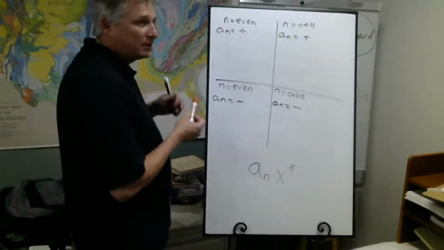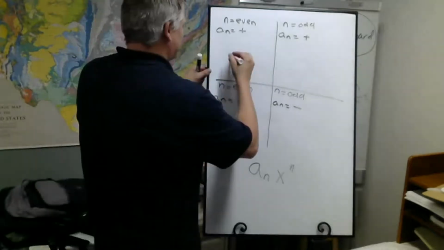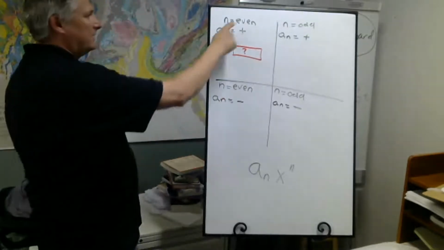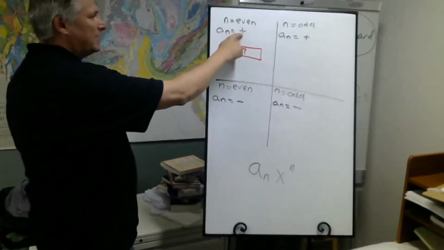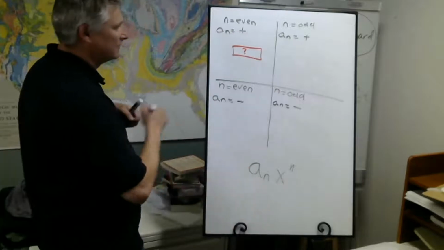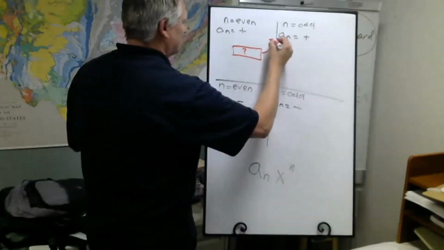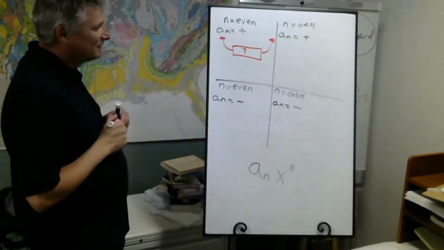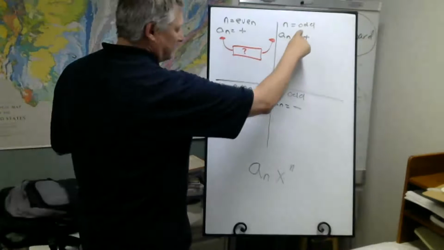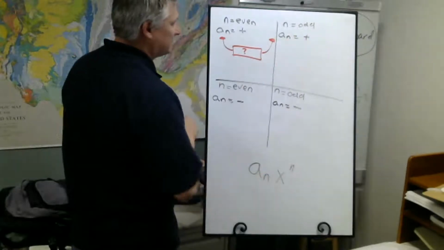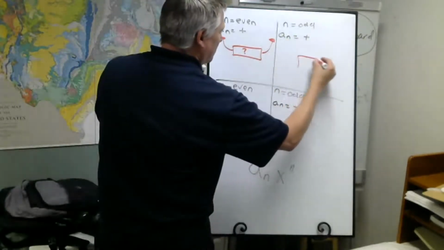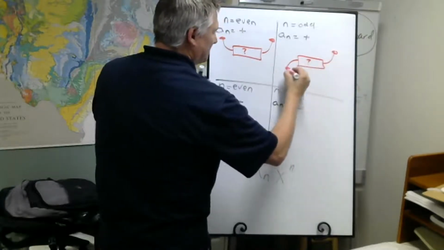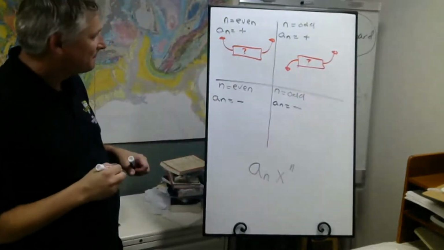So in the middle, again, we don't know what's going on. Big question mark. But when you have an even exponent and you have a positive a sub n at the extremes, our polynomial does that. Now, if n is odd and this is positive, again, we might not know what's going on in the middle, but at the extremes, at the infinities, we're going to get something like that.